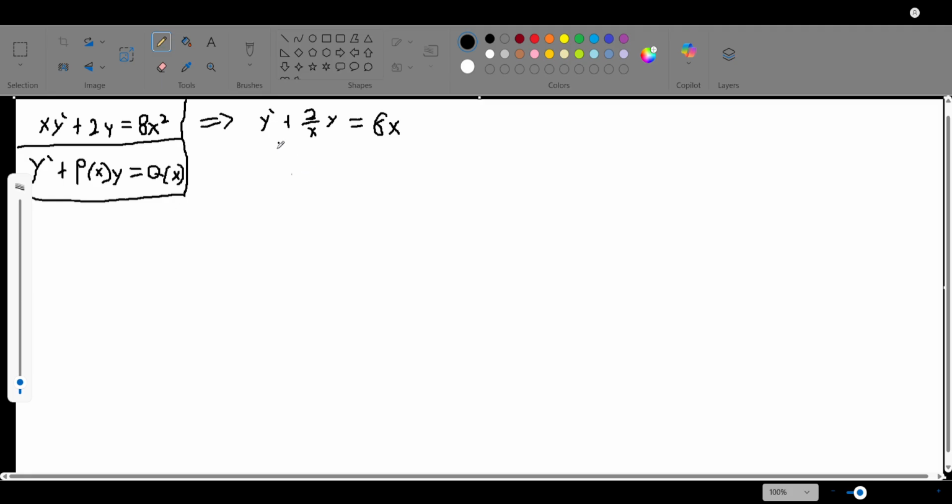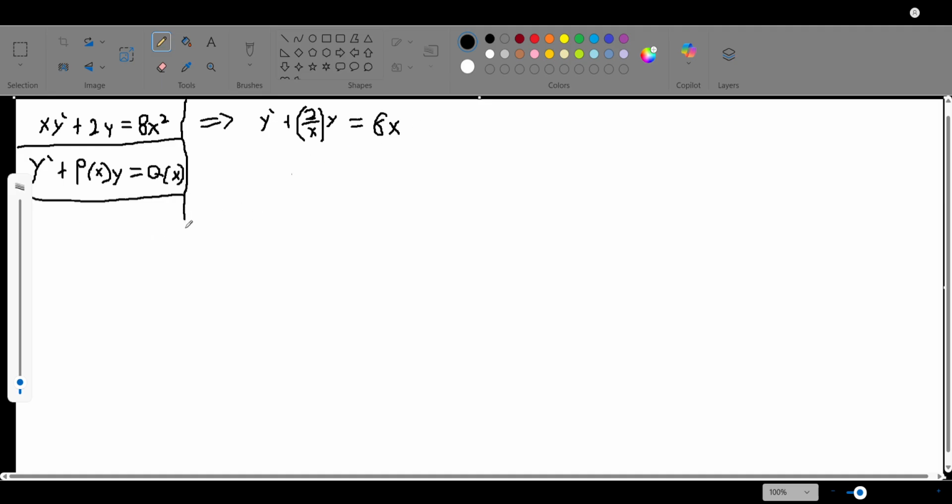Now, whenever I took this course, whenever I would get my differential equation into the standard form, I had a habit, and I think it's a good habit to have, I would always put my p of x in parentheses and get it away from the y.